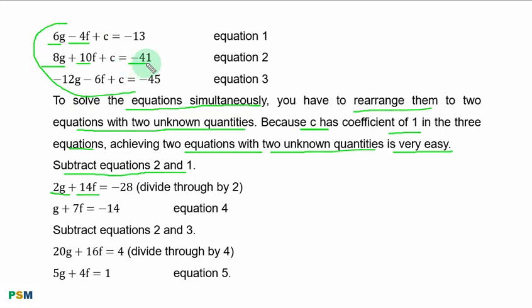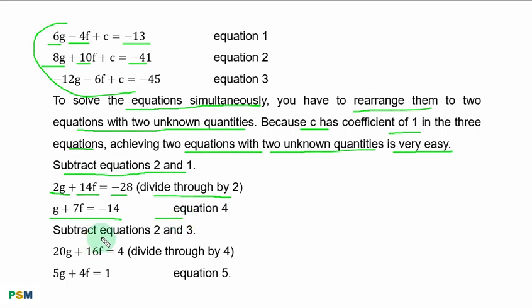Minus 41 minus 13. You have minus 28. To reduce the coefficient, divide through by 2. You have g plus 7f equal to minus 14. Let's call that equation 4.